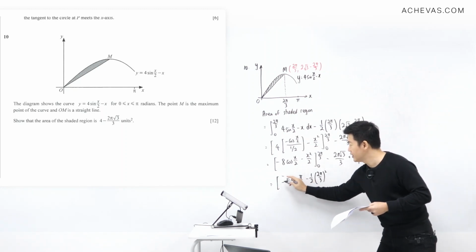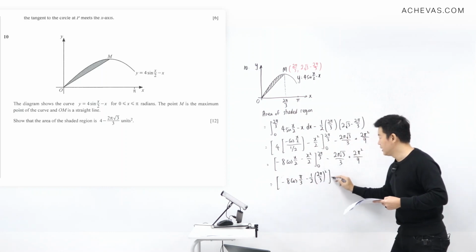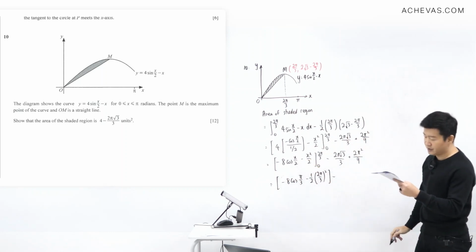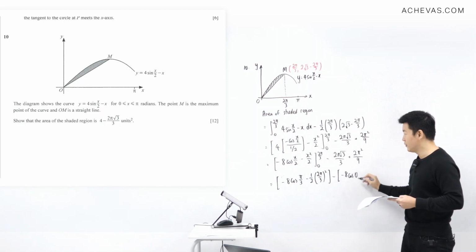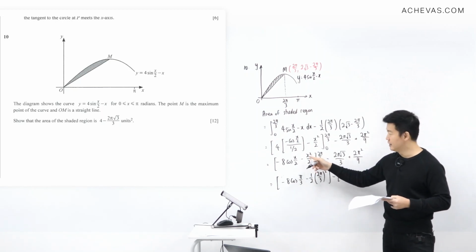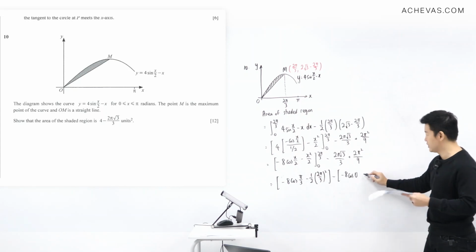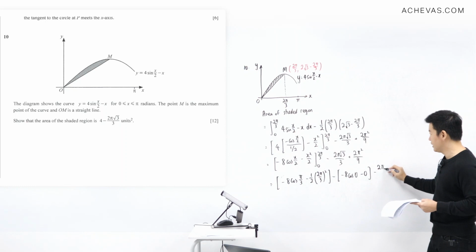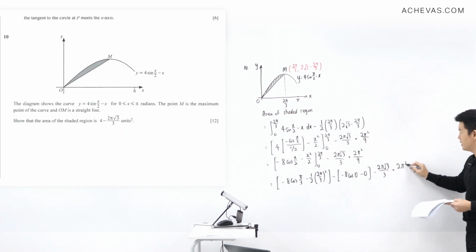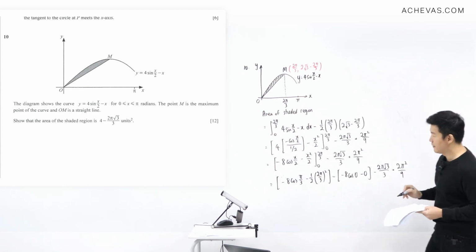So this will be the first portion. Then minus away, substituting 0 in, we are going to be getting a minus 8 cosine of 0. Substituting 0 in, this is going to be equal to 0. So I'm going to just minus 0 here. Then minus away this, 2π√3/3 plus 2π²/9.